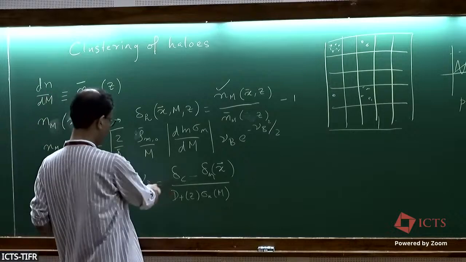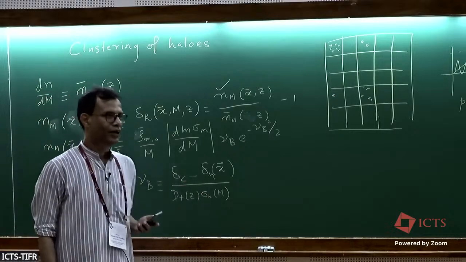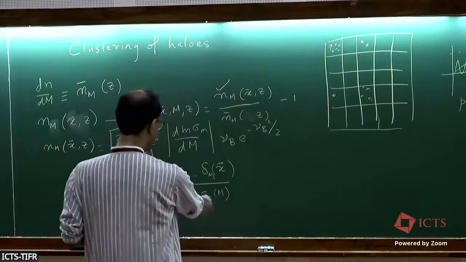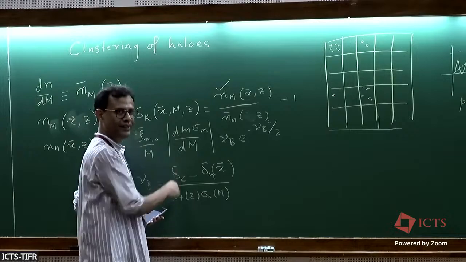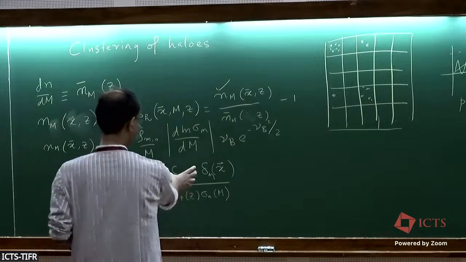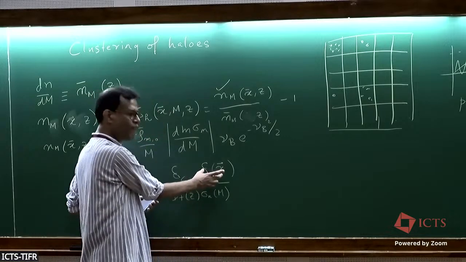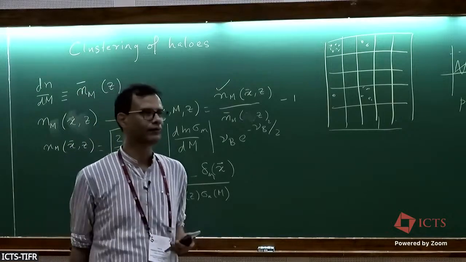So what I had earlier, nu was delta c by D plus sigma. What I am saying is, that meant that sigma should have enough dispersion to cross delta c. Now I am saying that you don't have to cross delta c, you can cross less if you are sitting in an overdense region.